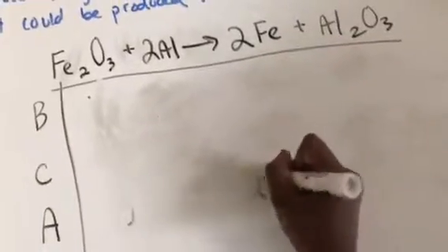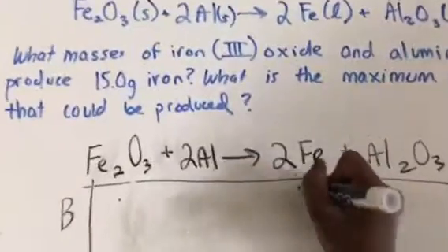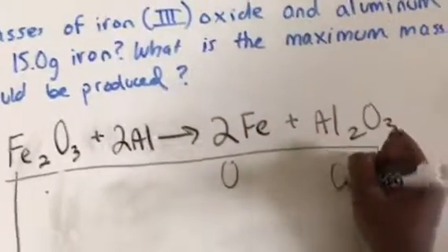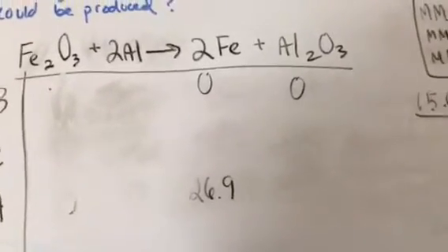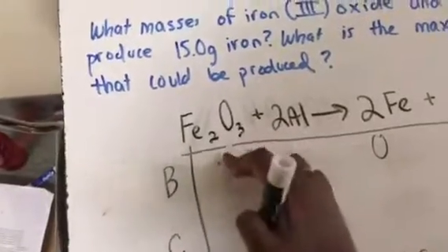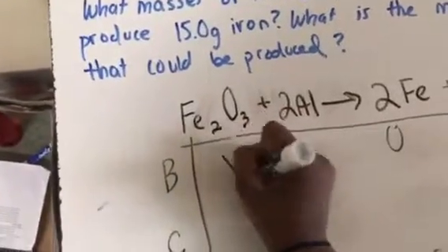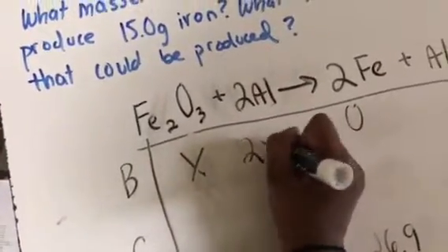So 26.9. And then we know that products start off having 0 moles here, and we don't know anything else as of now. So let's pretend that the coefficient of 1 for moles in moles is x, and since this has a coefficient of 2, this is 2x.